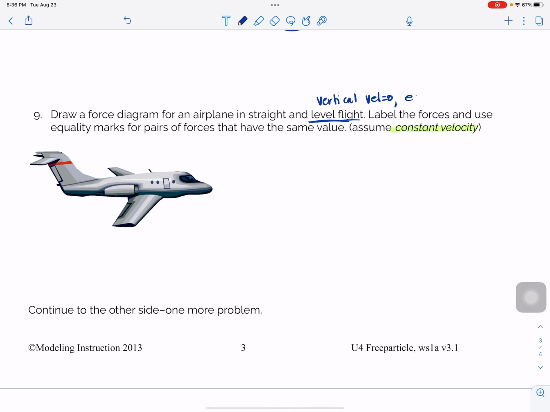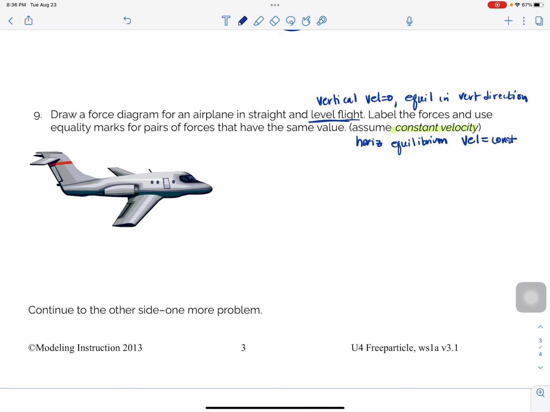And so that means I'm in equilibrium in the vertical direction. And then constant velocity means horizontal equilibrium. And the velocity equals a constant. So in both directions, I'm going to have pairs of forces that are equal to each other.